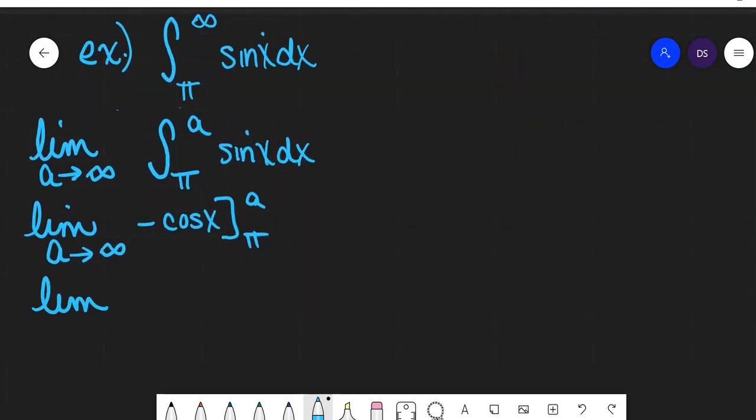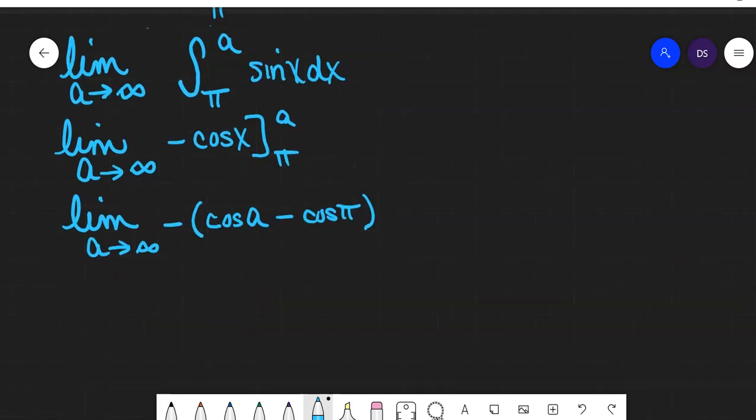And I don't really like having negatives in front, so I'm just going to factor it out and substitute in my upper bound cosine a minus my lower bound cosine pi. And now I'm going to let a go to infinity. So I have the negative of the quantity cosine of infinity minus the cosine of pi, which is negative 1. So it's going to become plus 1.